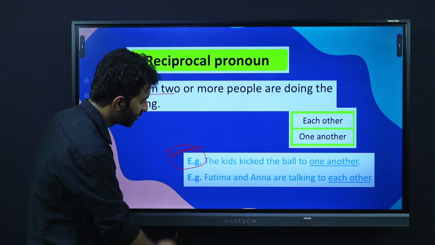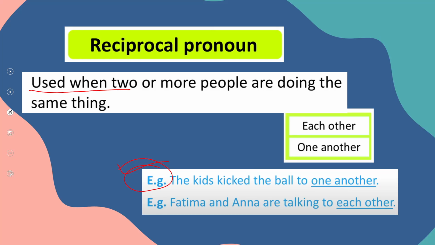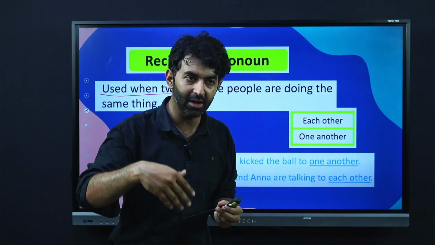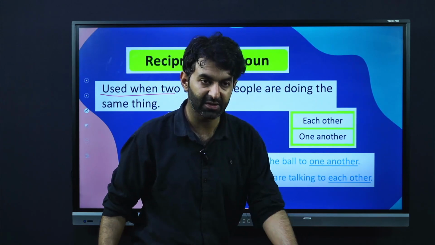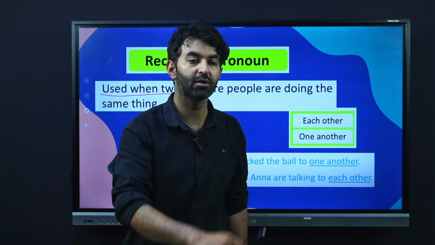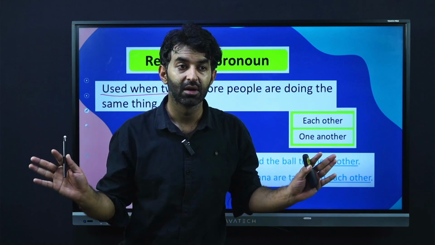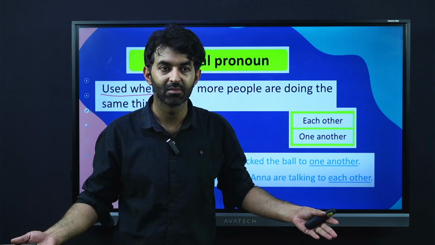For example, the kids kick the ball to one another. Imagine there are two boys playing. Each one of them passes the ball to the other boy, and he does the same thing. Are they doing the same action? Yes.